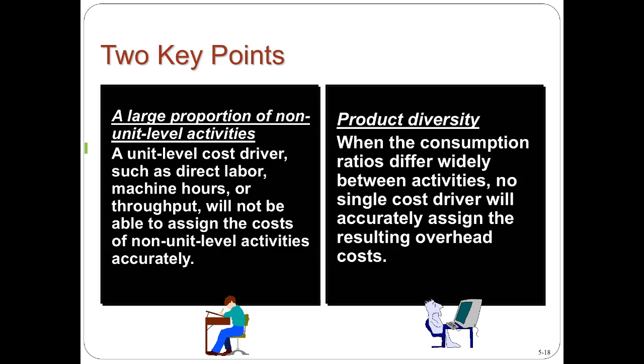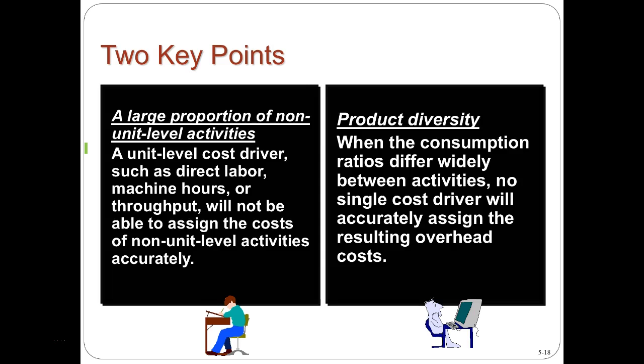So remember, we said that unit level activities are things that happen for each unit. So if we were trying to allocate all the overhead, and most of the overhead was the type of stuff that's going to affect each unit of production, then we could basically take one base and that would be fine, because that would be a fairly good estimate to drive the allocation of the overhead.